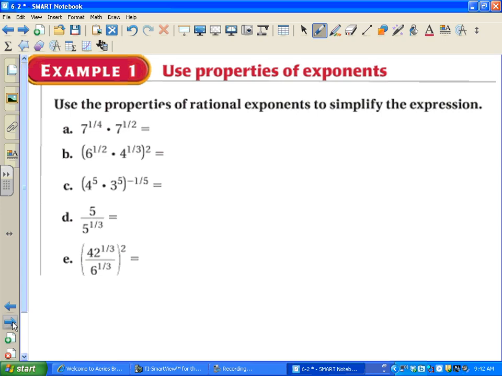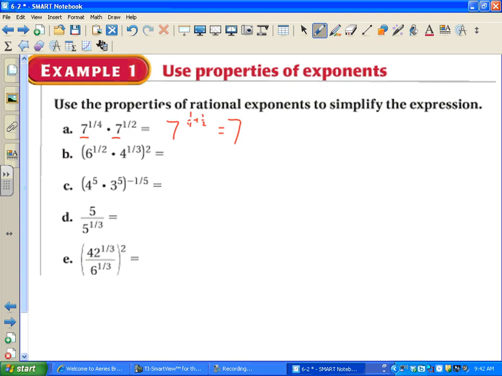First off, 7 to the 1/4 times 7 to the 1/2. My base is the same here. So that means when I am multiplying exponents with like bases, my base will stay the same, and multiplication means addition. So that's going to be 7 to the 1/4 plus 1/2. You guys have to do a little bit of fraction work there.